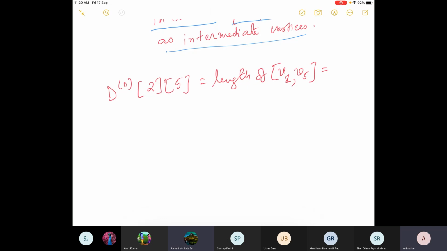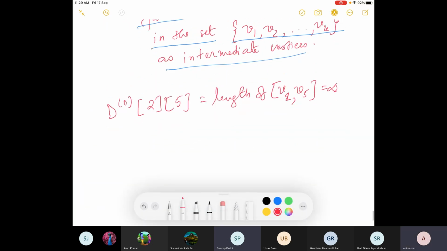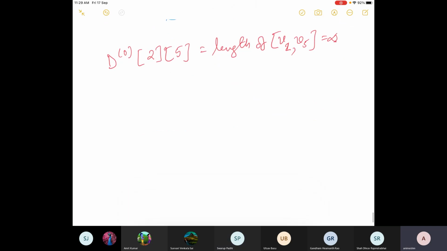With no intermediate vertices, that is the direct edge. Infinite, sir. Infinity. Yeah. So there is no directed edge between them. So therefore, this entry in D0 25 is infinity.